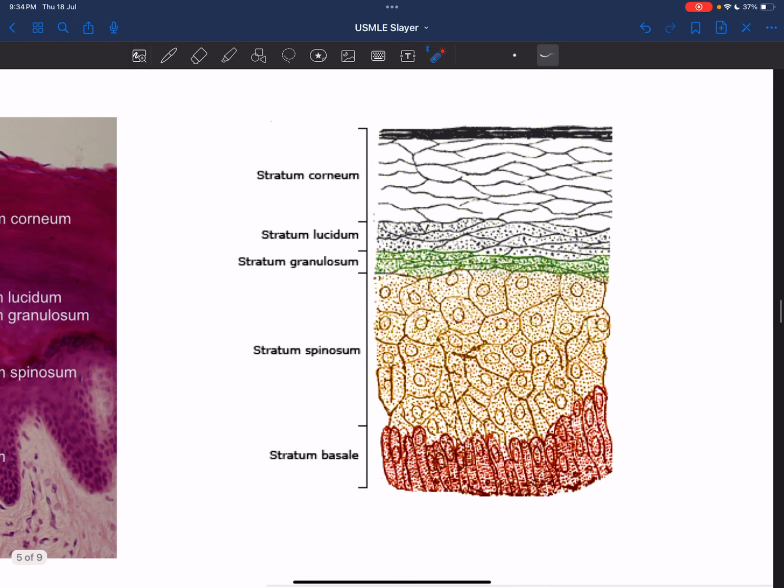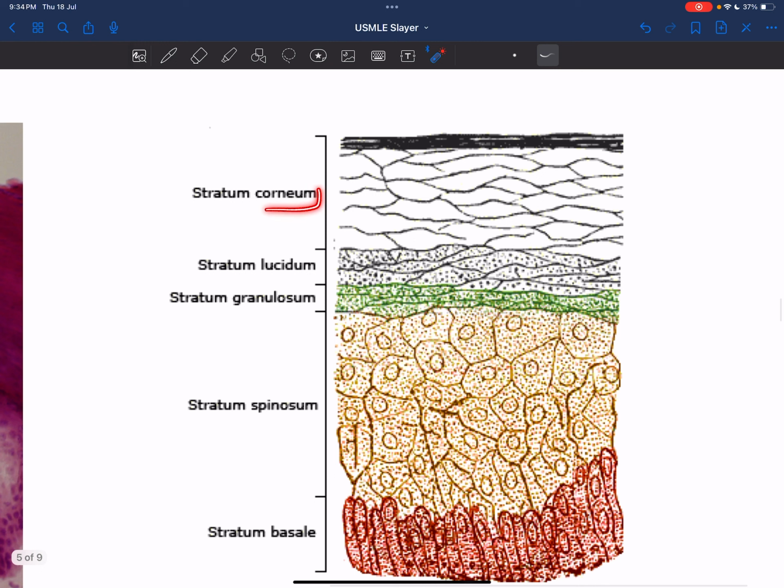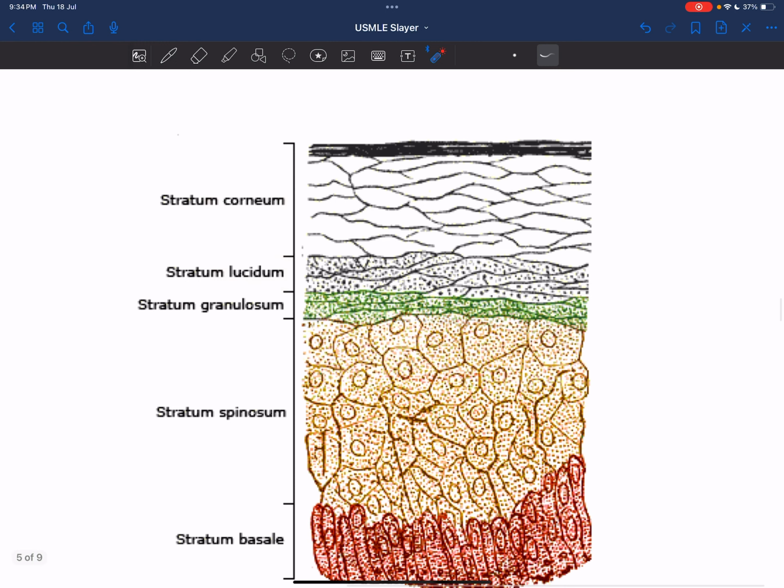Let's start one by one. So we have a stratum corneum and a stratum lucidum. These both are dead cells. So let's get this out of the way. As you can see, there are no nuclei. So these are anucleate dead cells.